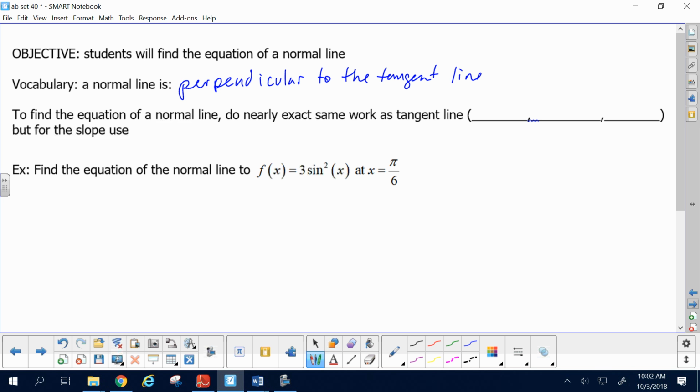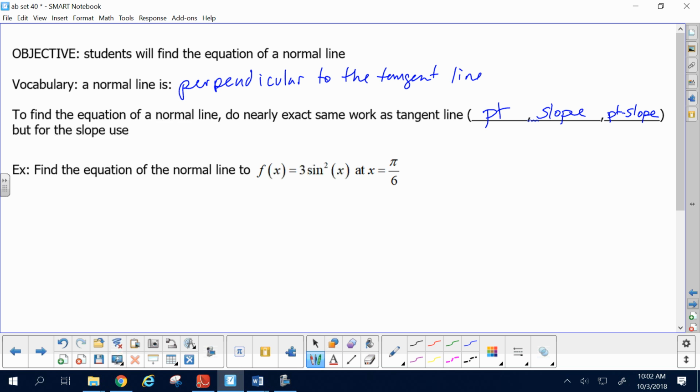When they ask you to find a normal line, it'll be a ton like a tangent line question. To find the equation of a normal line, do almost exactly the same work as the tangent line. You first find the point, then you find the slope, then you write the equation in point slope.